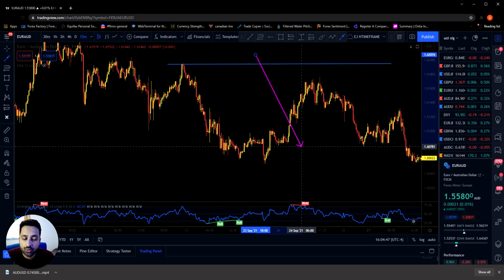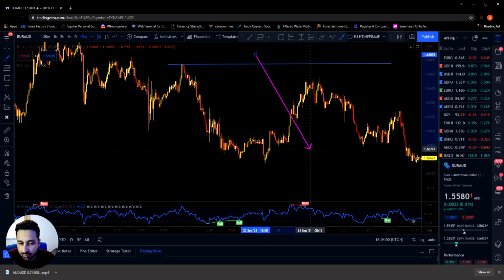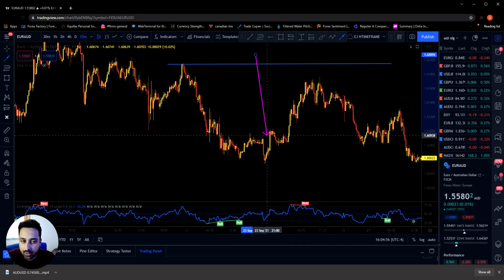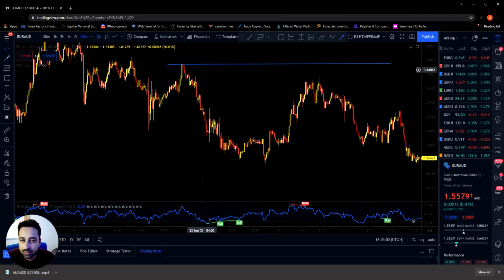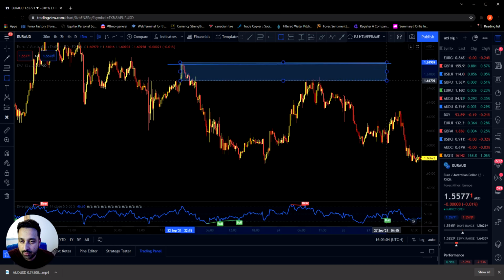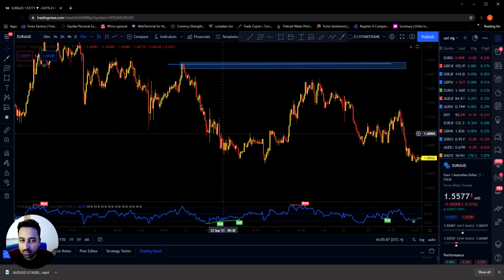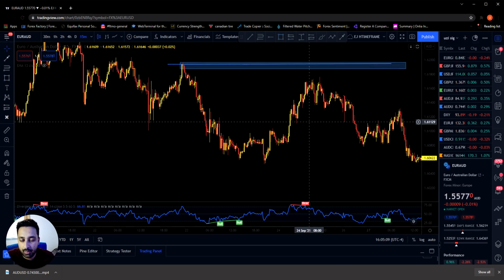What I always do, and I'm going to teach you guys in the price action part of it, in phase 3, the criteria for entering the trade. Your original supply zone should be drawn right here. This is where we're expecting it to come back.